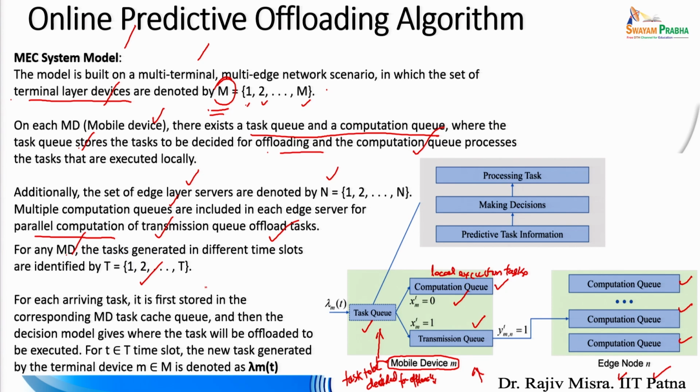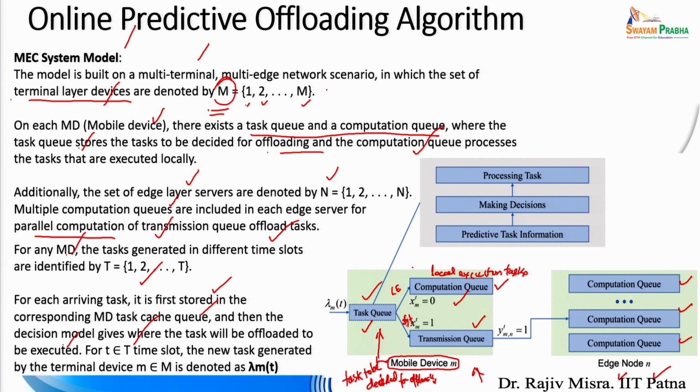For each arriving task, it is first stored in the corresponding mobile device task cache queue, and then the decision model decides whether the task will be offloaded to be executed. So, once the task enters to be decided for offloading, it has to be decided whether it is locally executed or offloaded.